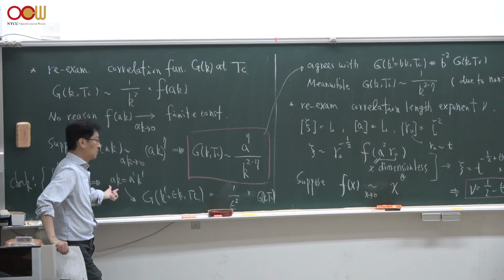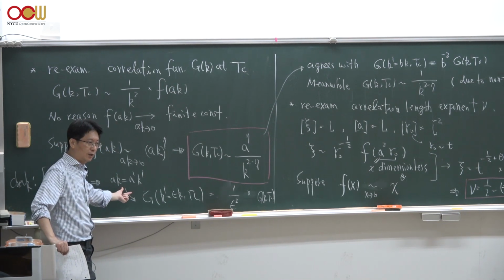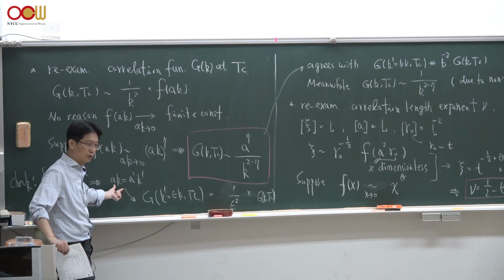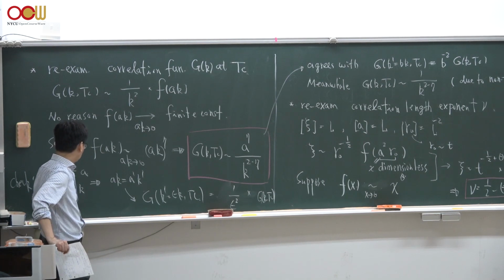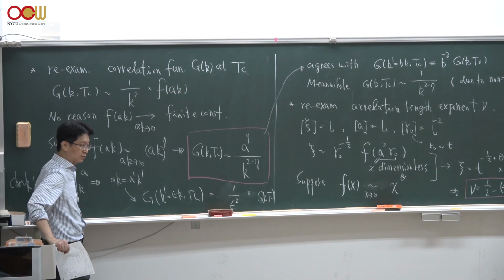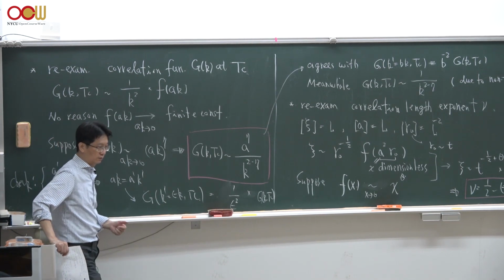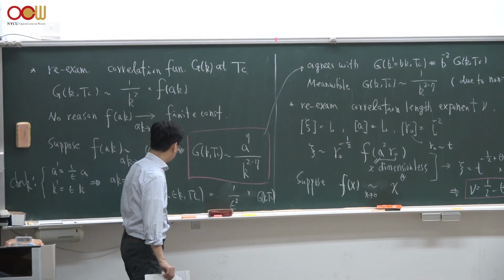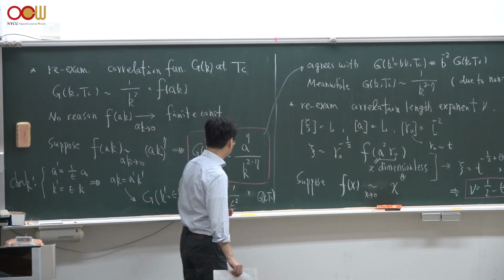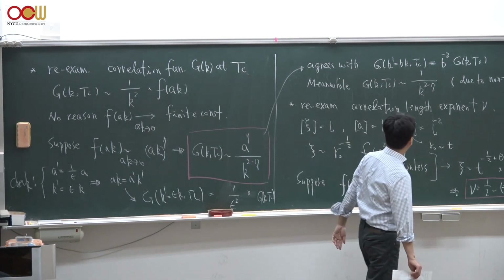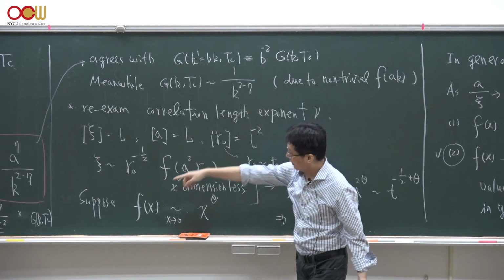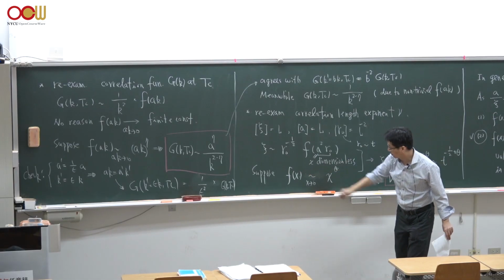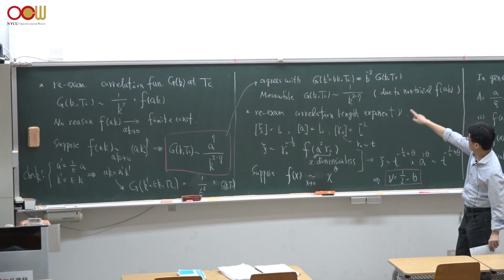So a times k is the same as a prime times k prime, because a times k is a dimensionless quantity. So if you rescale your momentum by a factor of epsilon, then a prime, the length scale, should behave in the opposite way, carrying a 1 over epsilon factor in the scale transformation. And as a result, you can easily see that this G prime of k prime at Tc carries this factor b to the power minus 2, or epsilon squared inverse, where epsilon is precisely this factor b here.